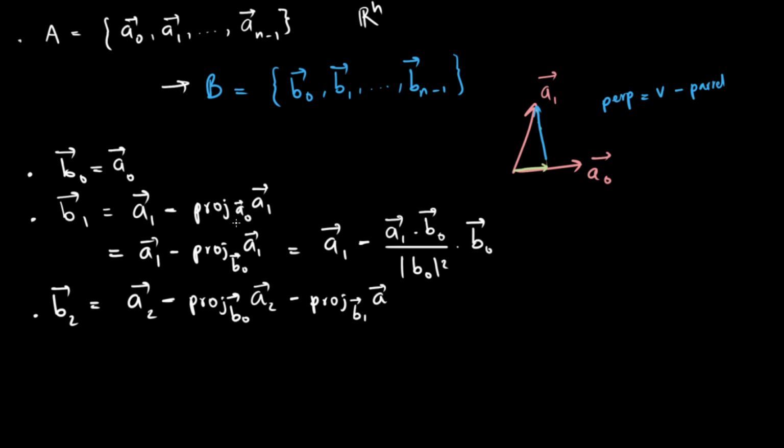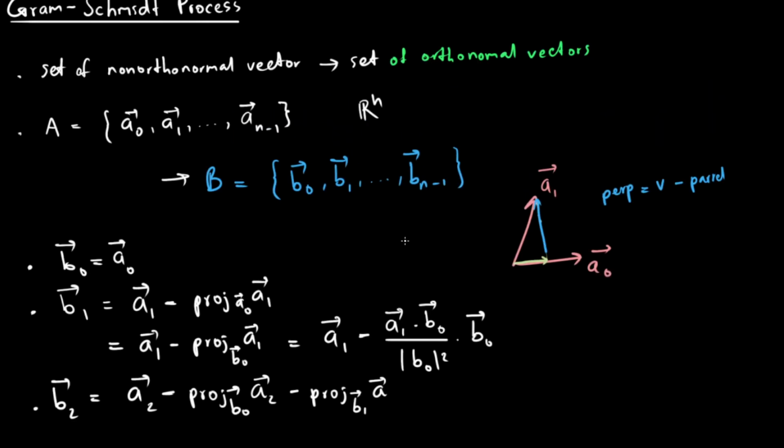So in this case it's actually b0. I shouldn't have read it as b1, but we can think of it as b1. But a0, yeah, okay.